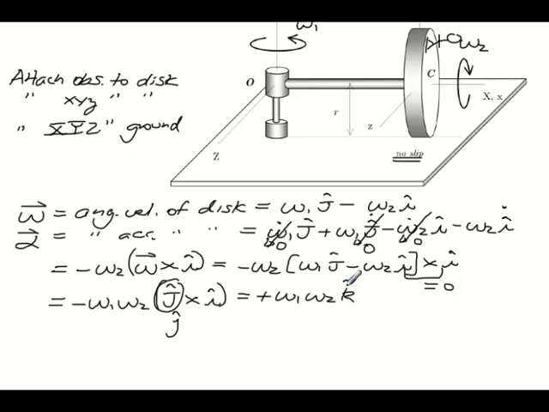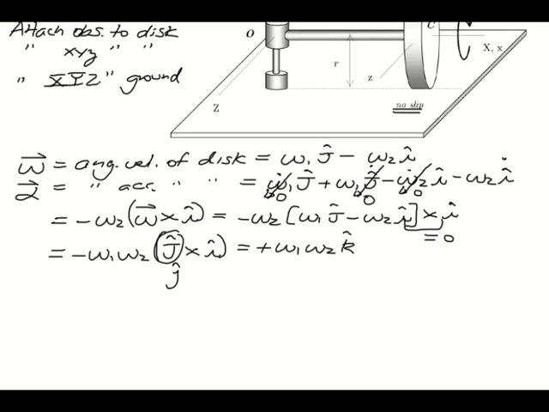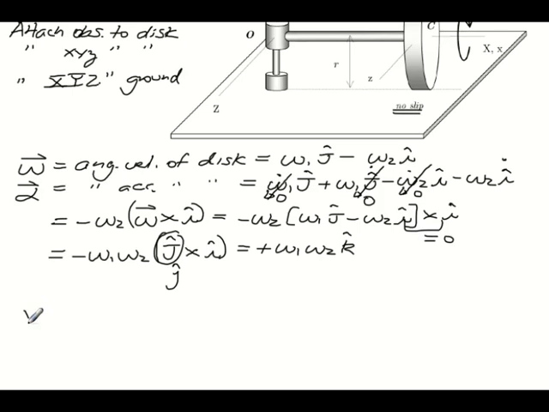Unfortunately, all we know here is omega 2. We don't know omega 1. So what we'll do is use the no slip condition. In fact, what I'm going to do is call this contact point E. Velocity of E is equal to velocity of some point on the same rigid body as our observer.